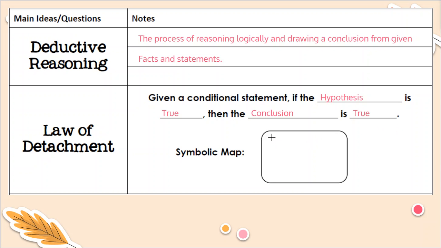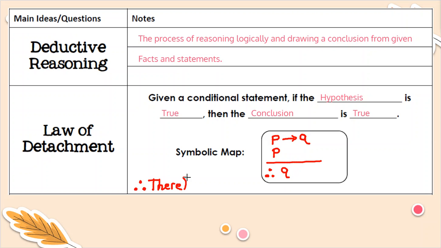Okay, makes sense. So it states that if you have if P then Q, and P is observed to be true, therefore Q. And these three dots that I just drew right here, these three dots that form a triangle, means therefore.